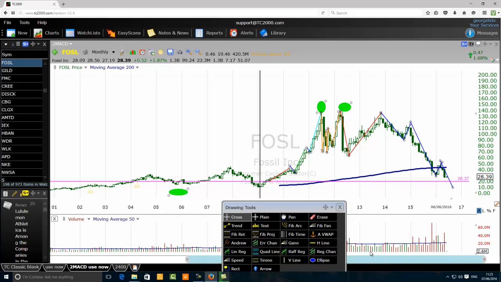Sometimes, especially with a flat correction, it's a very gorgeous pattern because you can trade it all the way down and your expectation will be fulfilled as you expected. And you will feel like you are trading the wave principle like God himself.